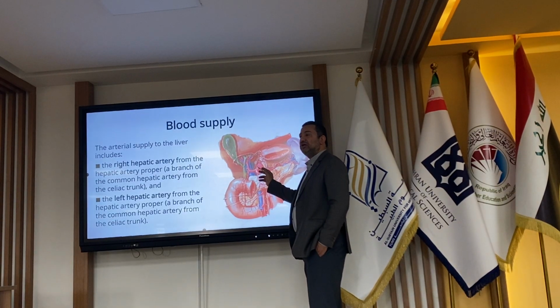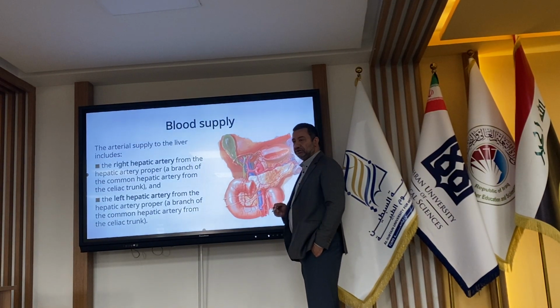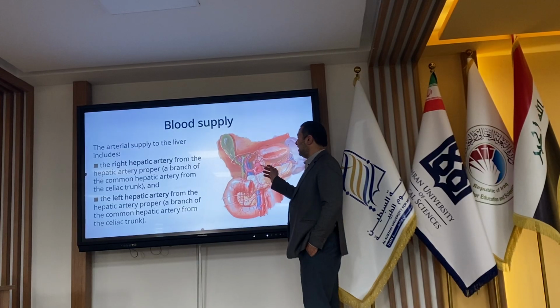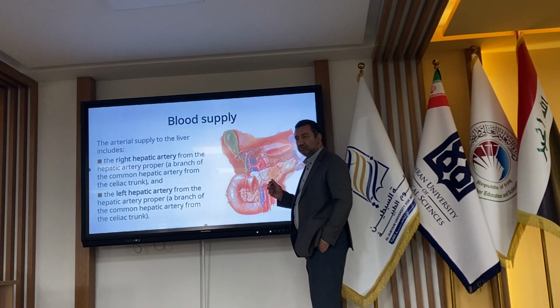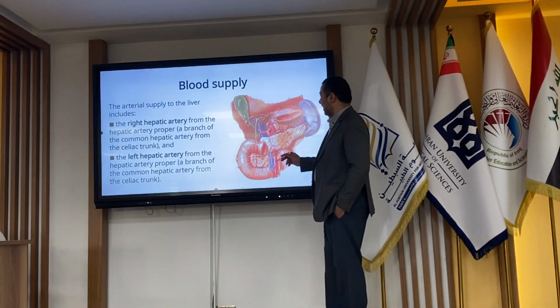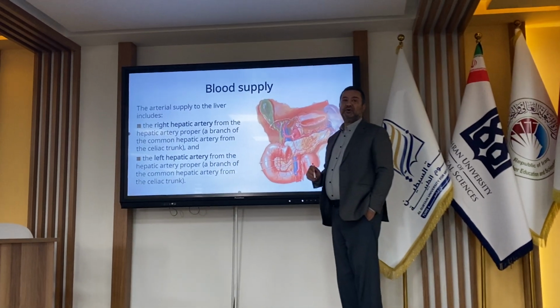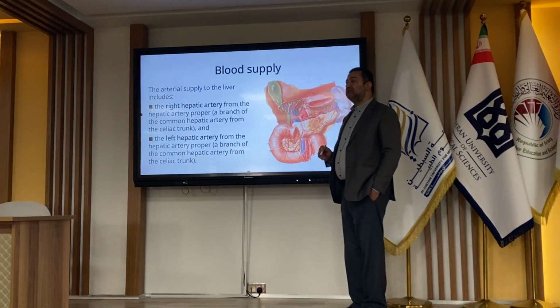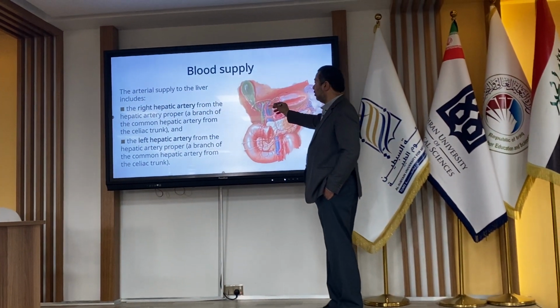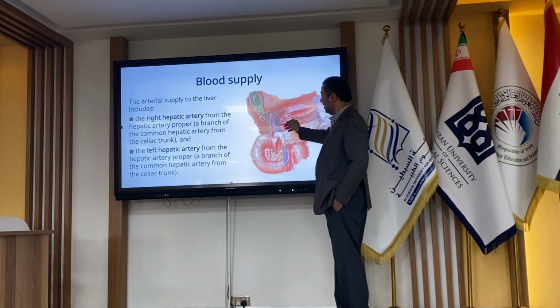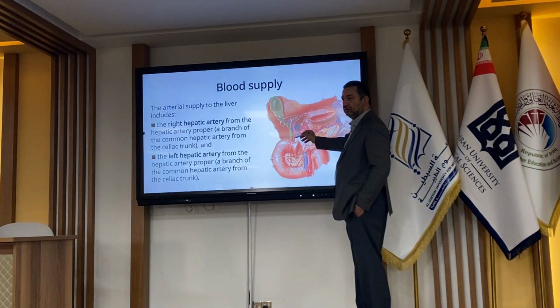Third branch of the celiac trunk is called common hepatic. Common hepatic artery descends on the right side and near the first part of the duodenum, divides into two branches: hepatic proper artery and gastroduodenal artery.